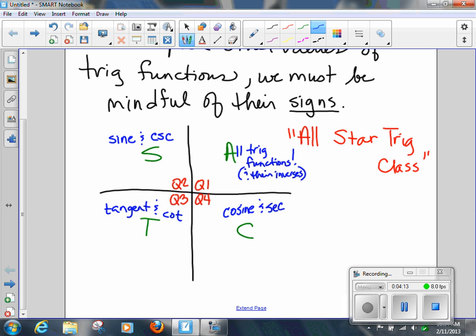So, okay, what does that mean? All-star trig class. We know that S represents sine and its inverse, T represents tangent and its inverse, and C represents cosine and its inverse. So what does all this mean?